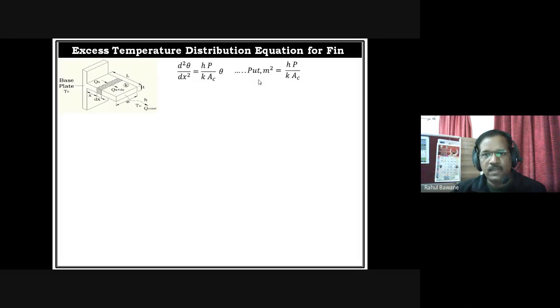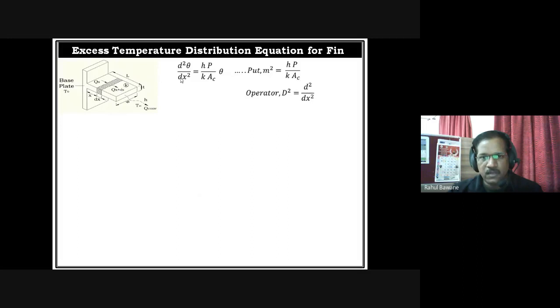Now we are replacing some operators and some parameters. So putting m square equals hP upon kA. So we are putting m square for this whole term. Why m square? I will explain later on. Why not m only? And secondly, we are putting operator D square for d square upon dx square.